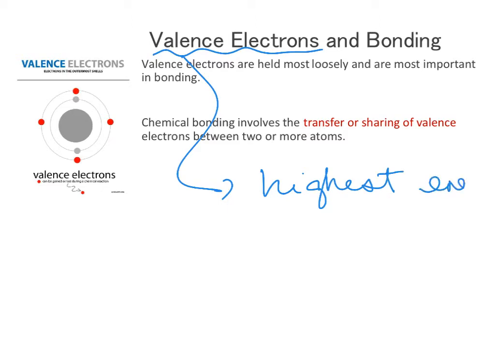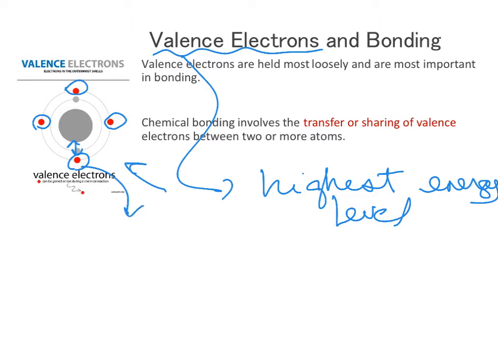And if you envision a Bohr model, okay, like we have right here, the electrons in the highest energy level, so that'd be the red ones, are farthest away from the nucleus, and therefore they feel less attraction for the nucleus, and it's easier to remove them or manipulate them. And so that's why the valence electrons are what participate in chemical bonding.